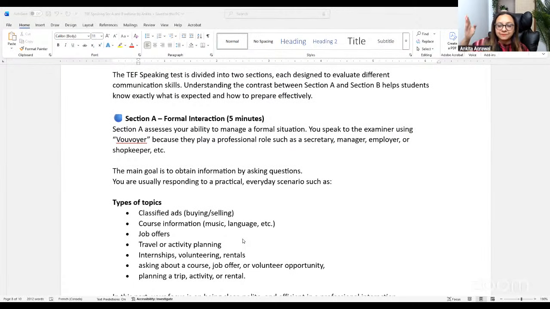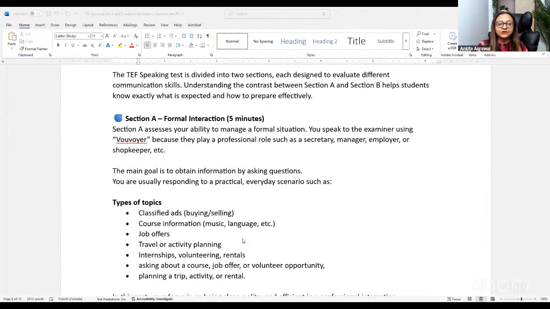Typically in TCF, when you enter the exam center and say bonjour, the first task of presentation starts. The audio recording starts, and then it ends after your monologue ends. So it goes in one go. In TEF, it doesn't work like that.